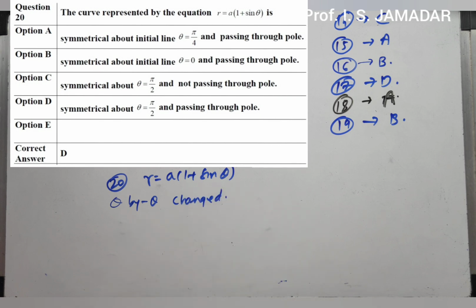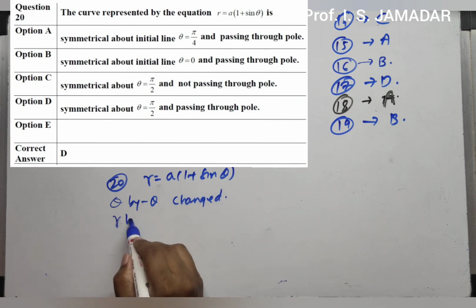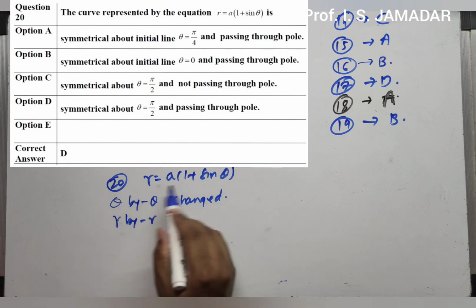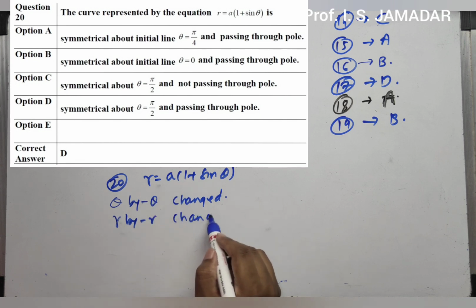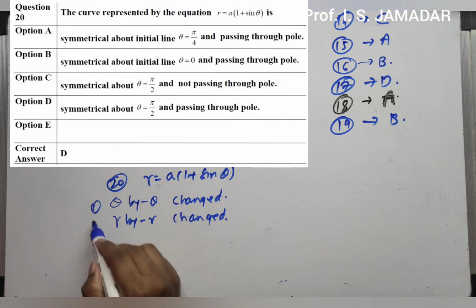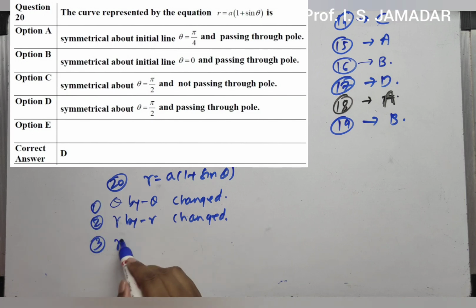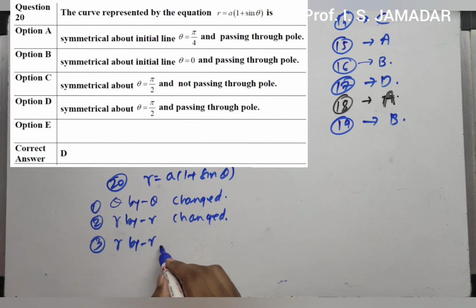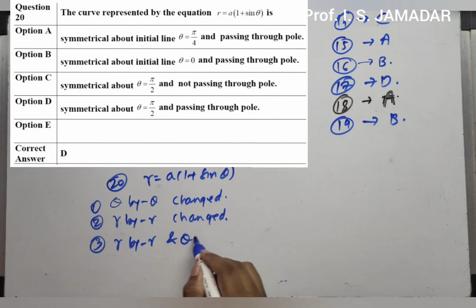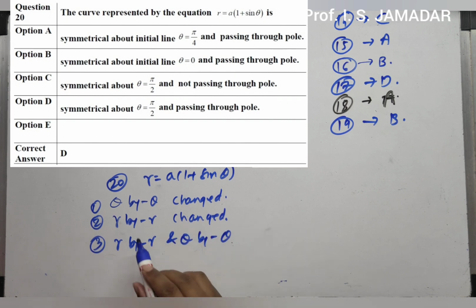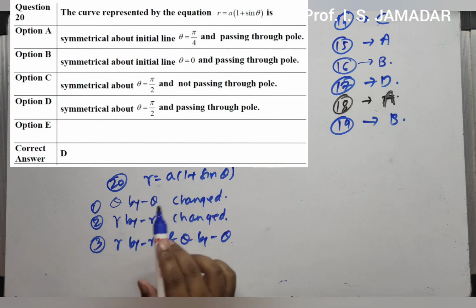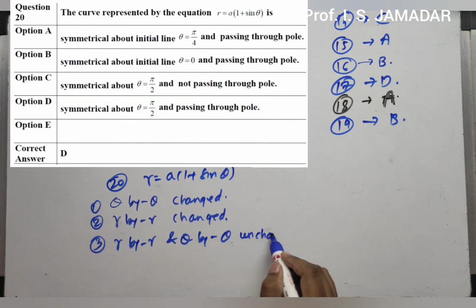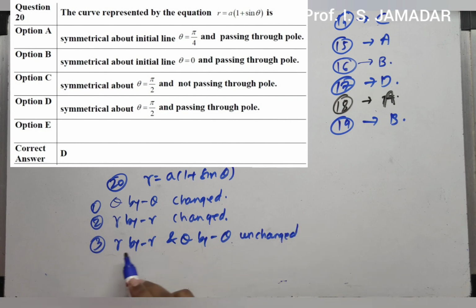If you replace r by minus r, in that case also the equation will change. Third, if you do both replacements simultaneously, r by minus r and theta by minus theta, the minus sign will cancel and the equation will remain unchanged.